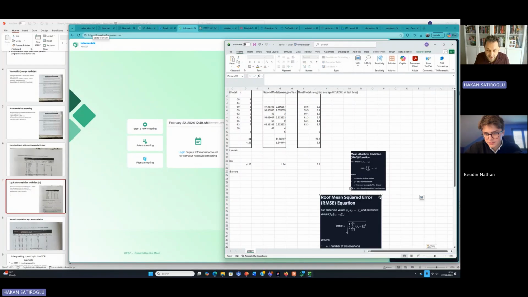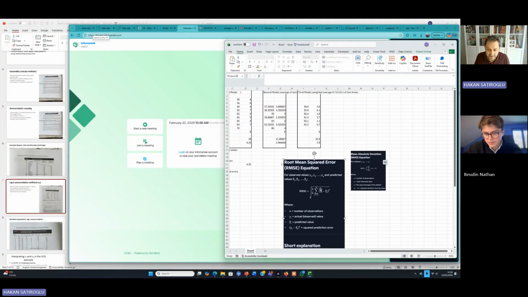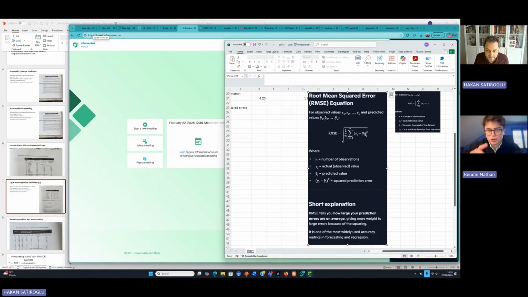We are checking this kind of root square. Can you see this power of 2? The power makes it absolute, obviously, if it is negative, but it exaggerates the big differences.